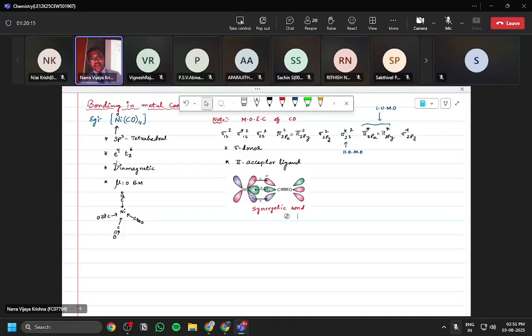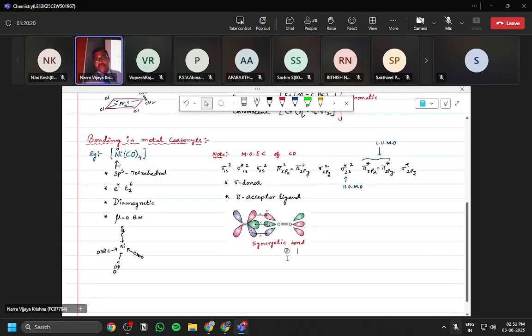Already we discussed this point. Due to the synergic bond, metal carbon bond order increases and carbon oxygen bond order decreases.